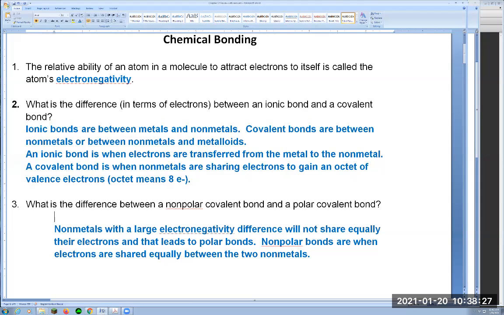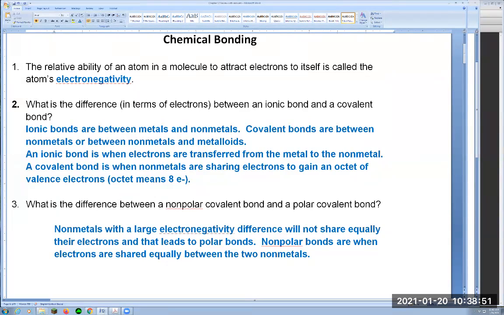And if the electronegativity difference is large, then the atom with the most electronegativity will attract the electrons closer to itself, much more than the other atom, and so that will create an unequal sharing of the electrons, right?